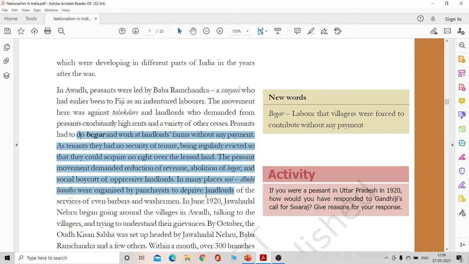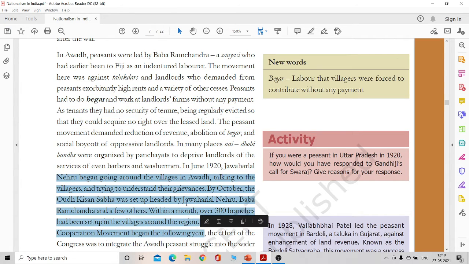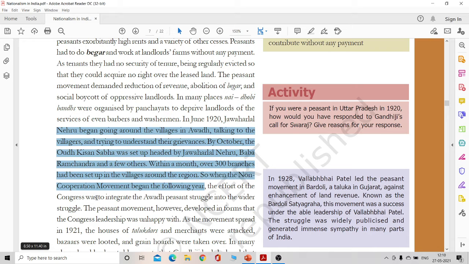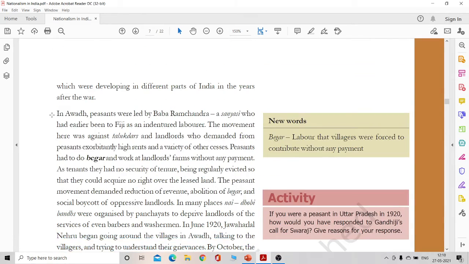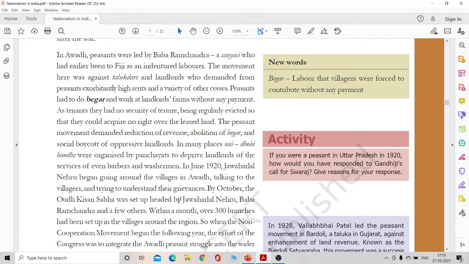Their understanding of freedom was against the oppression that landlords dealt them, and the begar work, the free labor that they had to give forcefully, right? And of course, especially you have to mention the way the Awadh peasants' struggle intensified. It developed new forms, and the movement spread in 1921. Houses of talukdars and merchants were attacked. So basically, this paragraph you have to mention.